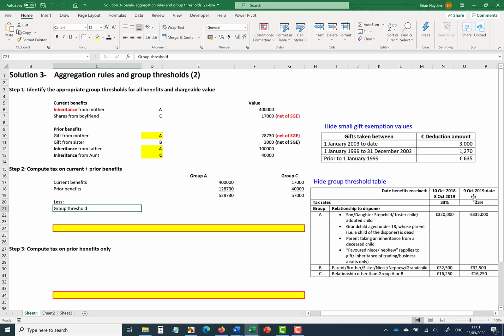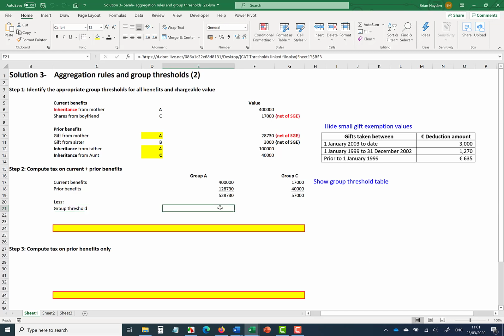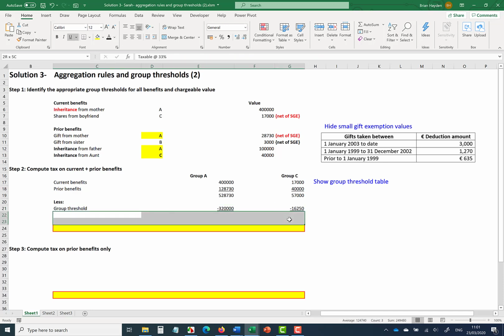If the benefit was received on or after 9th of October 2019, there would have been a slightly larger A threshold. So the group threshold that applies, okay, we've got 320 and 16,250. So that means that there's taxable amounts in each instance, and the tax arising at 33%.